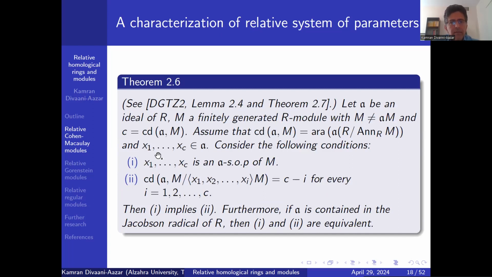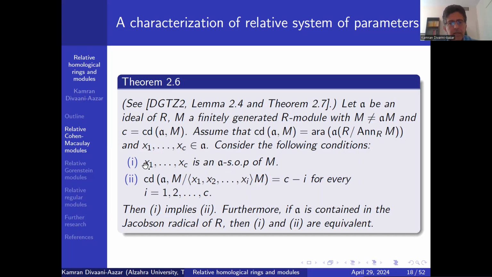Now we give a characterization for systems of parameters. Let A be an ideal of R, M a finitely generated R module with M different from AM, and C is this. And we have the needed assumption for the existence of a relative system of parameters. And let X1 up to Xc be some elements in A. Consider these two conditions.